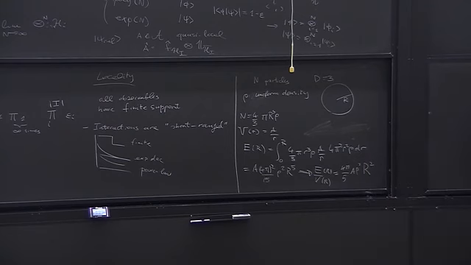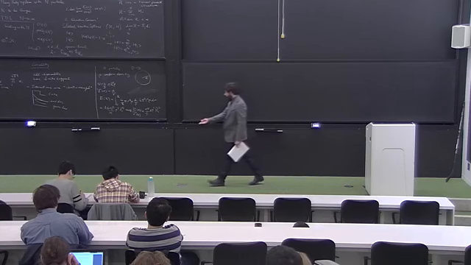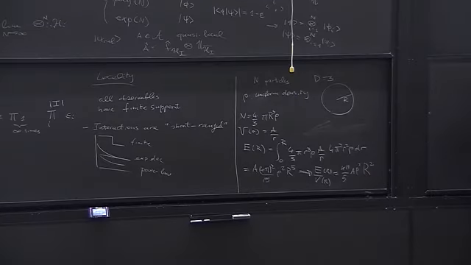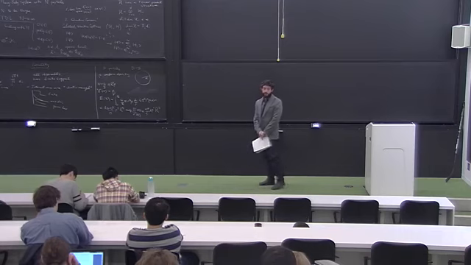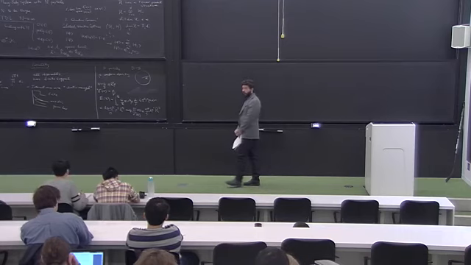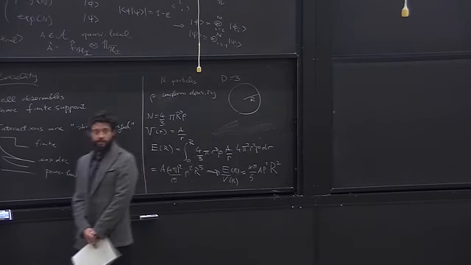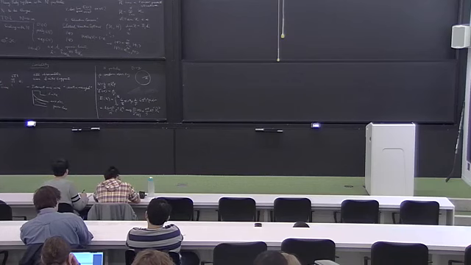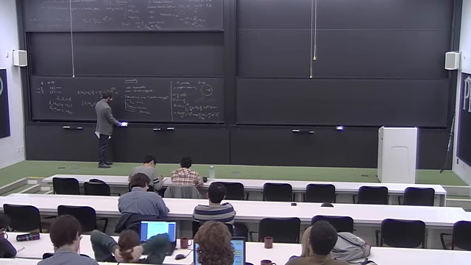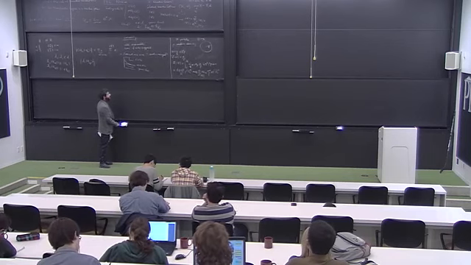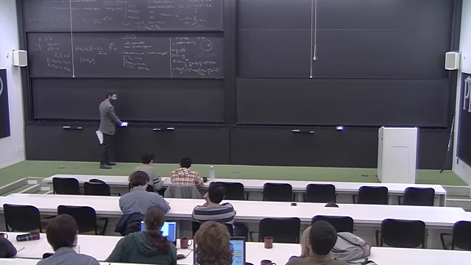So you see it's not defined. Sorry, it diverges for R going to infinity, which means the thermodynamic limit is not well defined. So a system of charged particles cannot exist in the thermodynamic limit. So this is a problem, because ordinary matter is a system of charged particles, right?